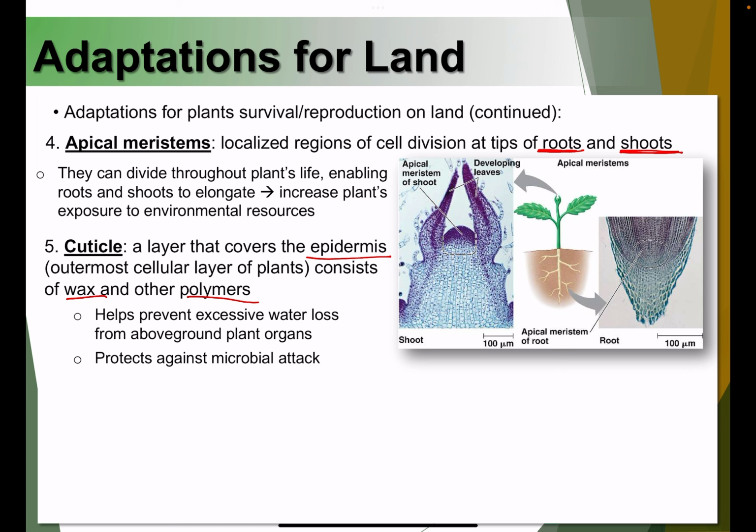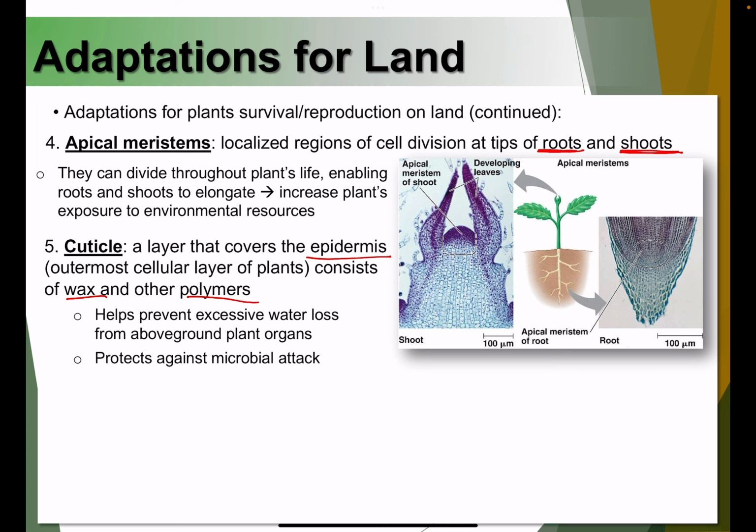Then the function it does is that it helps prevent excessive water loss from above ground plant organs. So again, like we're saying, the algae used to live in water. Now that we're trying to adapt plants to thrive on land, we have to have some way to prevent this water loss and contain the water inside the plant.